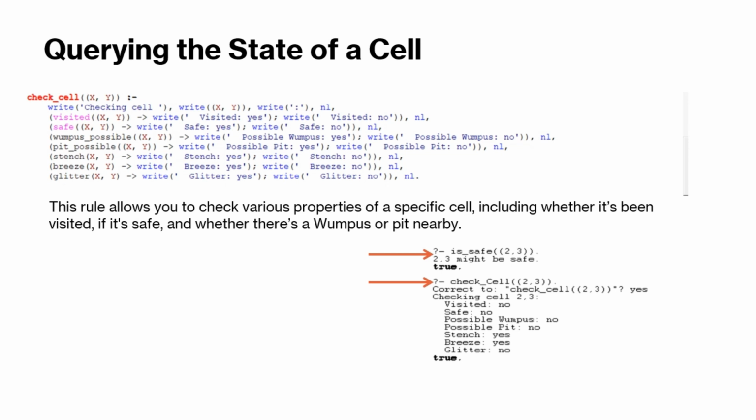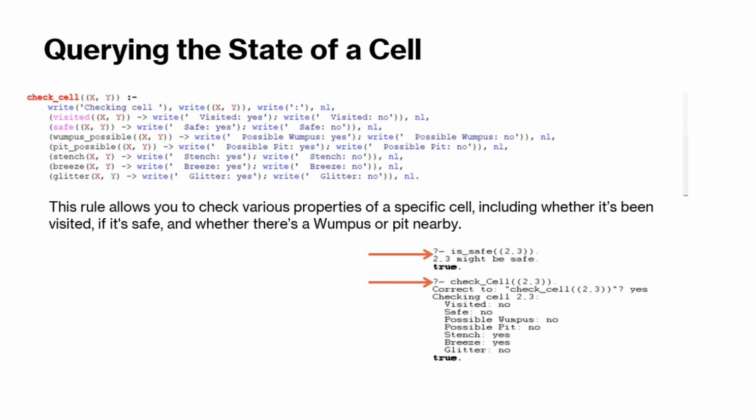If this xy coordinate is passed through the visited predicate, then it will be checked against what we have mentioned in our knowledge base. The same is the case for the safe predicate and the Wumpus possible, pit possible, stench, breeze, glitter, which Madhav explained in the previous slides. So all these predicates will be checked and the messages printed accordingly.